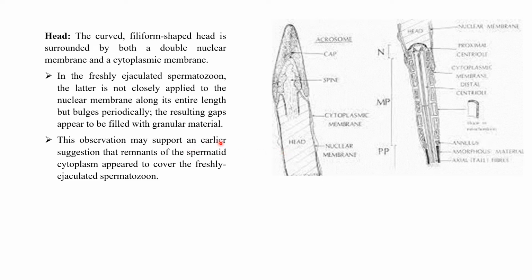In the freshly ejaculated spermatozoa, the latter is not closely applied to the nuclear membrane along its entire length, but bulges periodically. Resulting gaps appear to be filled with granular material. So immediately after the ejaculation of the spermatozoa, the cytoplasmic membrane of the head will be something like this.